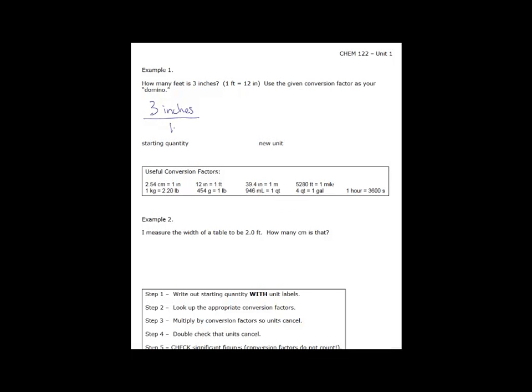Now I need to convert this to feet. So I want to get to how many feet this is. Well, I need inches to cancel out. So 12 inches needs to go on the bottom, and then 1 foot would go there.